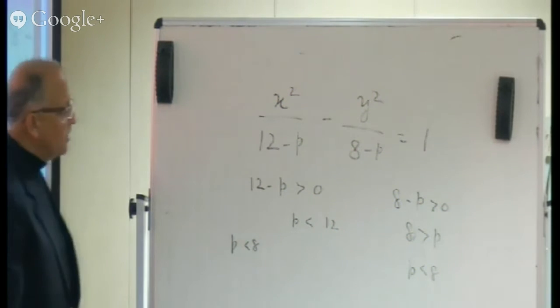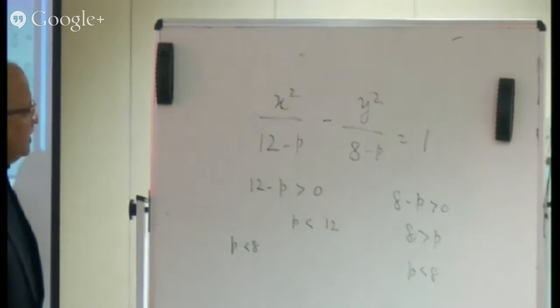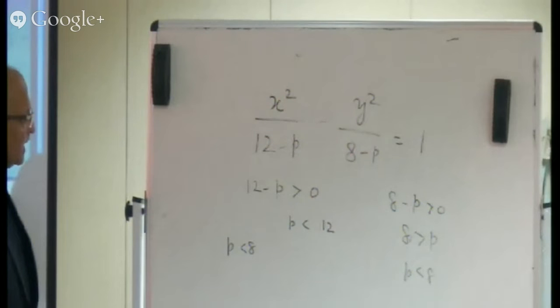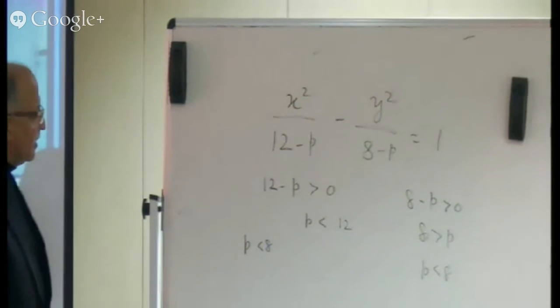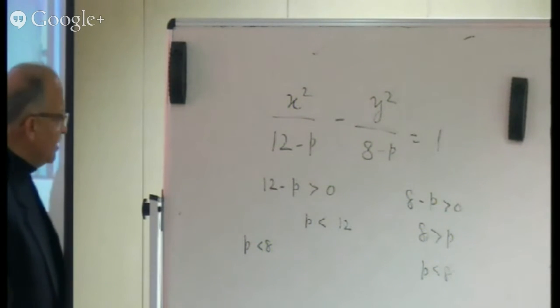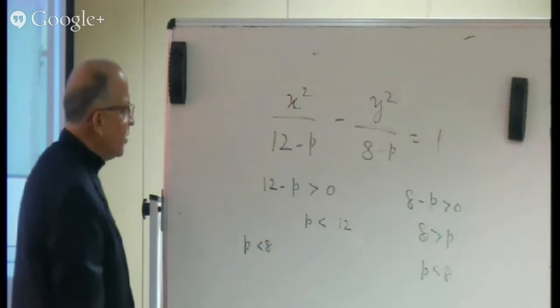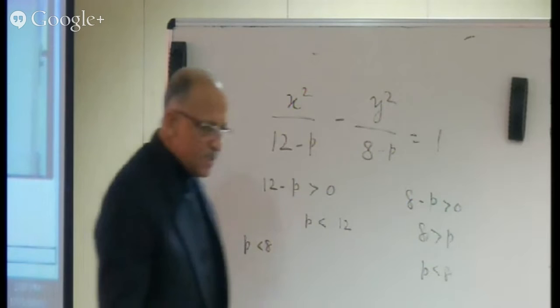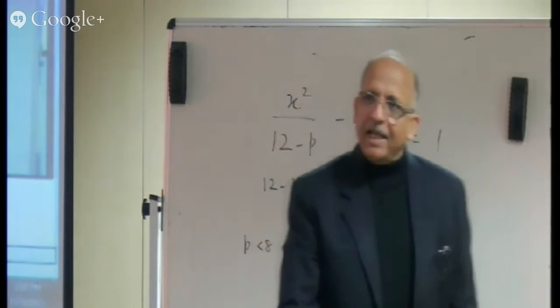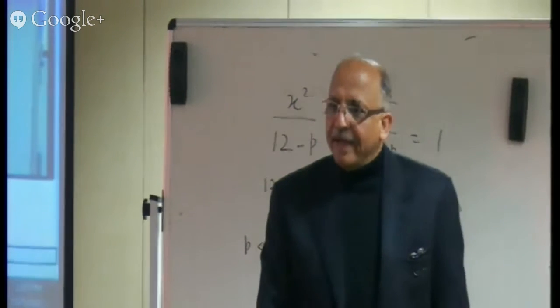8 minus p, you want to be greater than 0. That means 8 is greater than p. P coming out to be less than 8, and p also less than 12. So if you take any value less than 8, will that do?